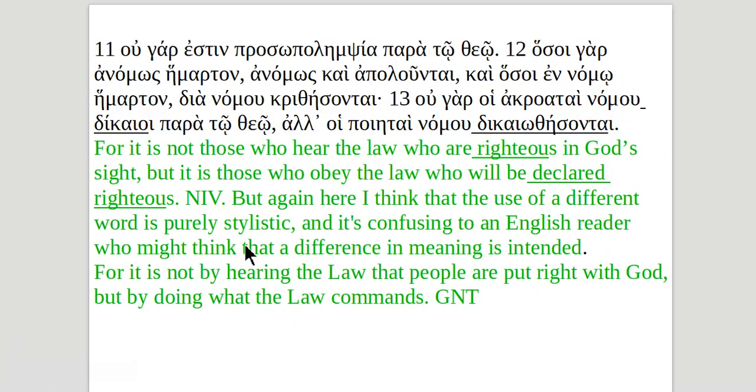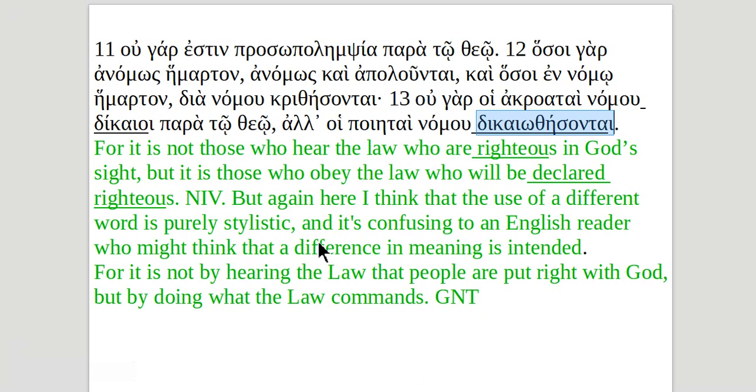In verse 13 we have the two different words dikaioi and dikaiothesontai. And because they are two slightly different words, we see that the NIV has used slightly different translations for them, righteous and declared righteous. But again here, I think that the use of the different words is purely stylistic, and it's confusing to an English reader who might think that a difference in meaning is intended.